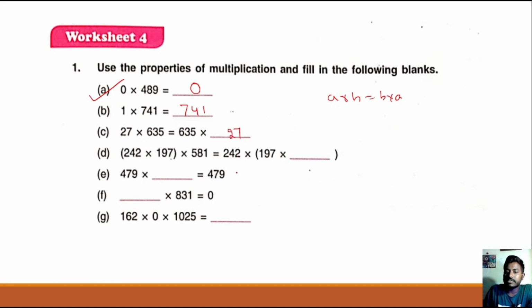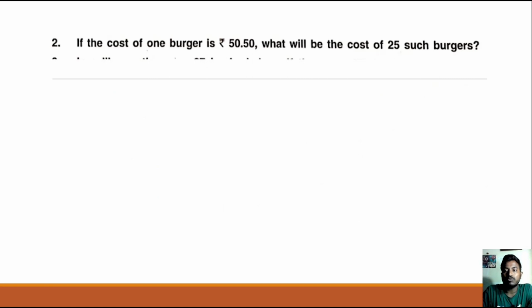Now this is the associative law, so we can write 581. Next is 1, because when you multiply with 1 it becomes itself. Now if it is multiplied by 0, then it is also 0. Clear?